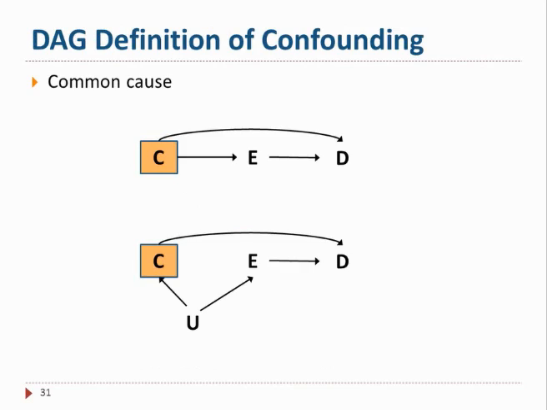We're going to walk through this with the birth weight paradox example to show a little bit more about collider stratification bias. So just a brief recap. This is the DAG definition of confounding, which is consistent, like I said, with the standard definition. It's associated with the exposure and the outcome, and it's not on the causal pathway. E does not cause C. C does not cause D. And like we said, sometimes they're not directly causally related, but they're associated through some unmeasured common cause.